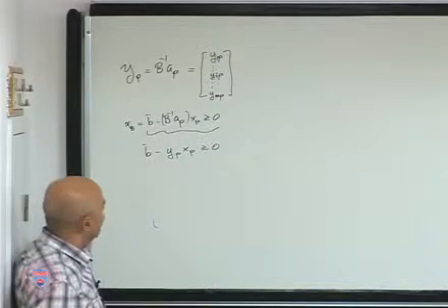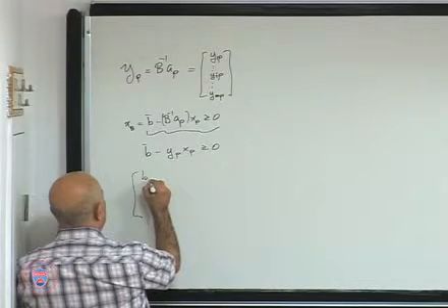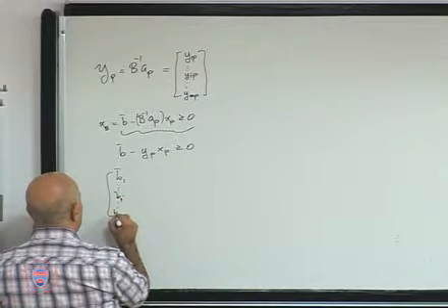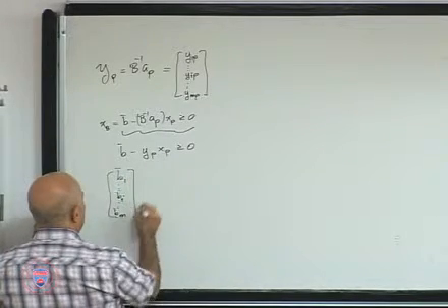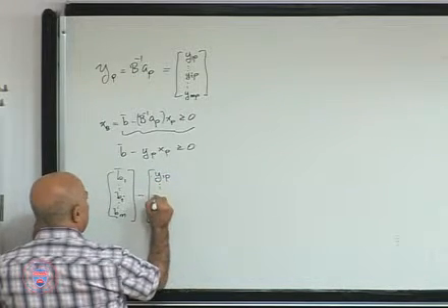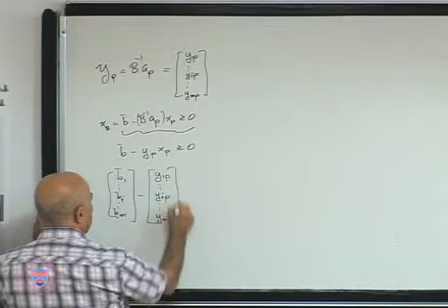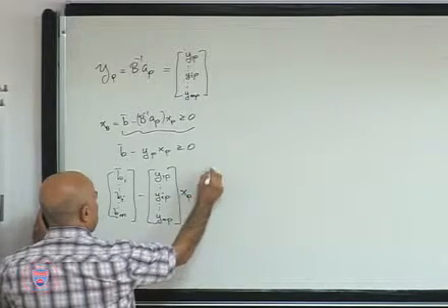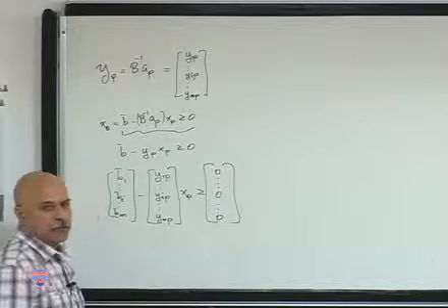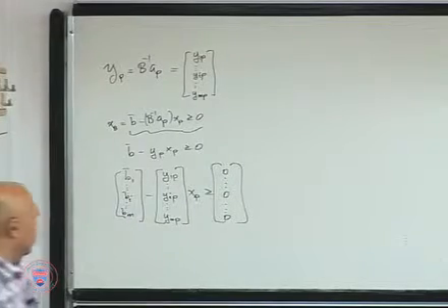Okay? And if you write this in equation form, of course, you have the following. b1 bar, bi bar, bm bar minus y1p, yip, ymp times xp greater than or equal to 0. That's the inequality system we're talking about when you impose non-negativity on xp.